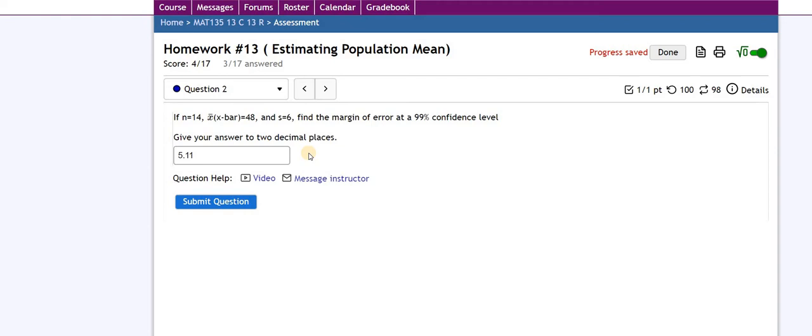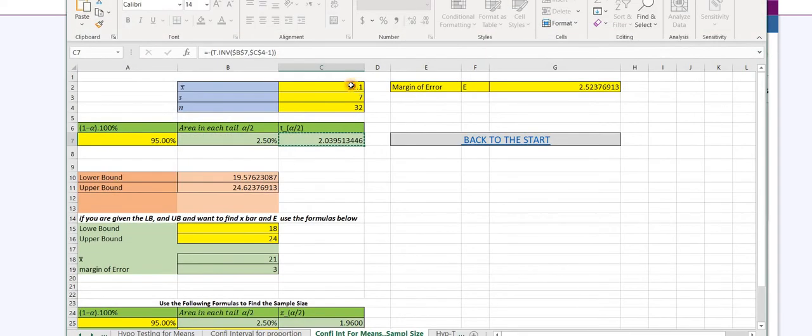For this question, I have n equals 14, x bar is equal to 48, the standard deviation is 6. We need to find the margin of error at a confidence level 99%. So the margin of error is the one that we need here. So I'm going to go to my Excel sheet and I plug my values. X bar, I have it at 48.